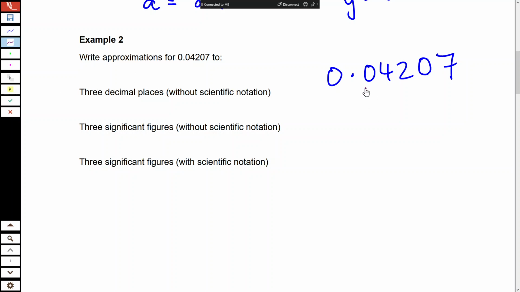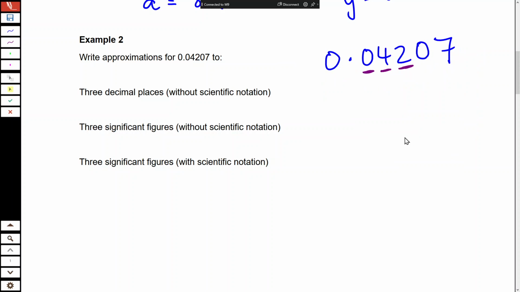The first decimal place is here, the second decimal place is here, and the third decimal place is here. So when I write my answer, and this is not the final answer, by the way, when I write my answer, I'm only going to have 3 digits after the decimal point.